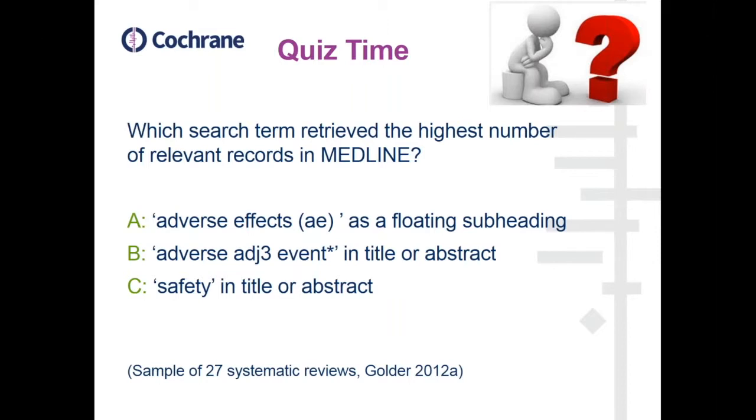I say these were for drug interventions. Do you think it was A, adverse effects as a floating subheading, B, adverse ADJ3 event, truncated, which means adjacent, within 3 words of event, so it also picks up events in the title and abstract, or C, safety in the title or abstract? So over to you, Chris, to open up the poll to see what people think.